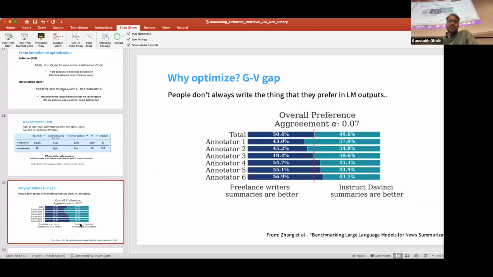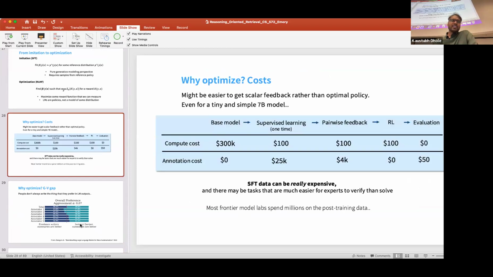One of the other things I should mention is the cost required to do a lot of these annotations. There's a lot of compute cost involved, and a lot of annotation cost involved. And that's where SFT data, our instruction tuned data and supervised fine tuned data, is super expensive.